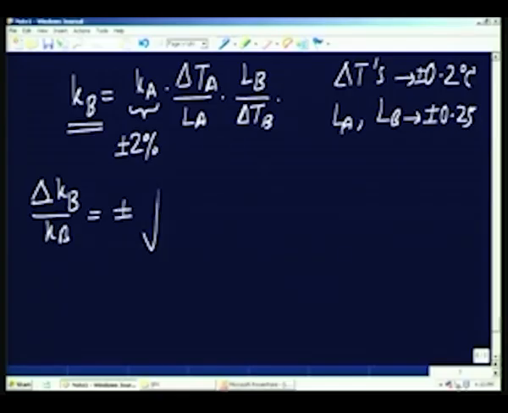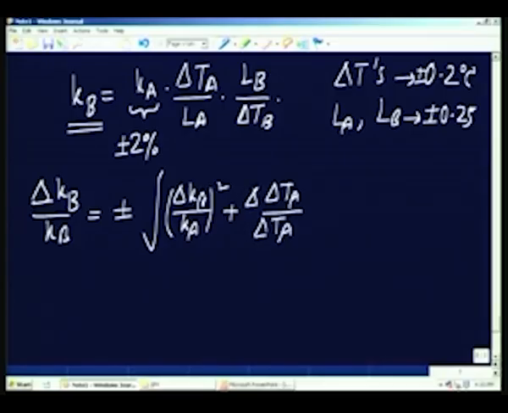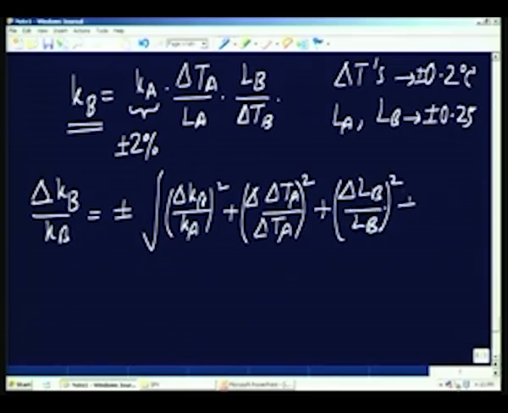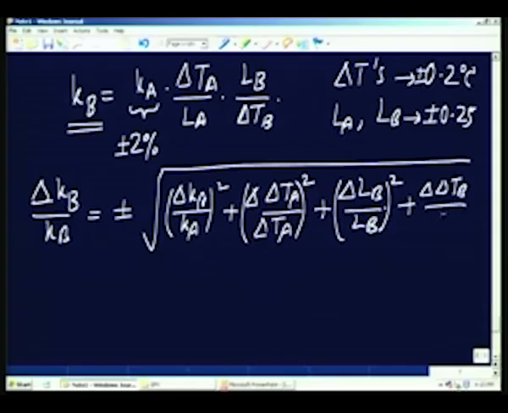Delta Kb by Kb equals plus or minus square root of (delta Ka by Ka) whole squared, plus (delta of delta Ta by delta Ta) whole squared, plus similar terms: (delta Lb by Lb) whole squared, plus the same terms involving (delta Tb by Tb) whole squared, plus (delta La by La) whole squared.